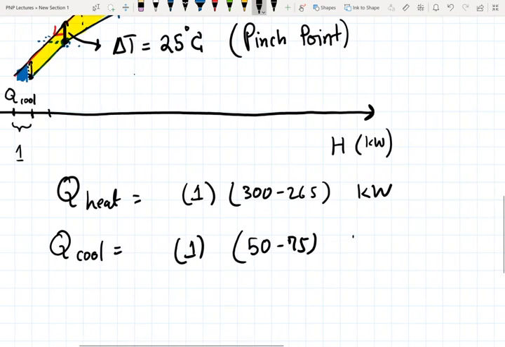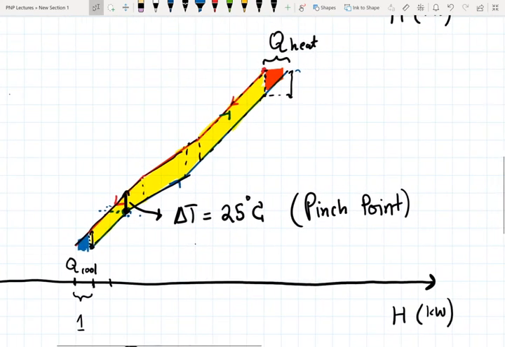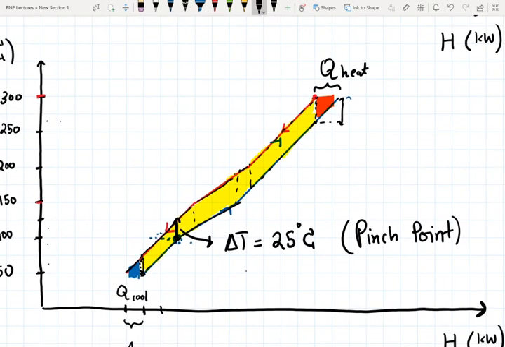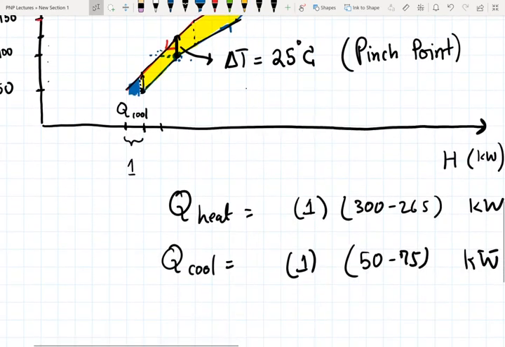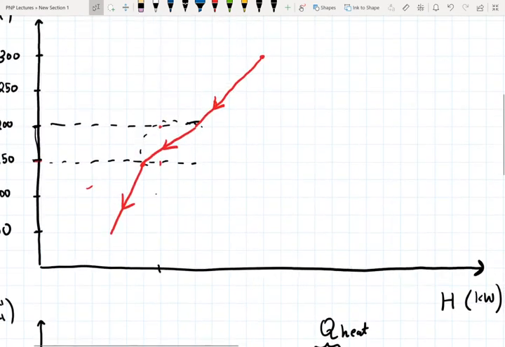That gives us our cooling requirement. And once you know the locations of these intermediate temperatures between the continuous segments, you'll be able to find the minimum area of the heat exchanger that goes with this network.